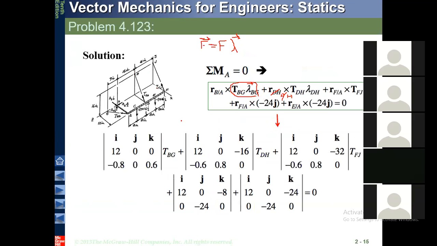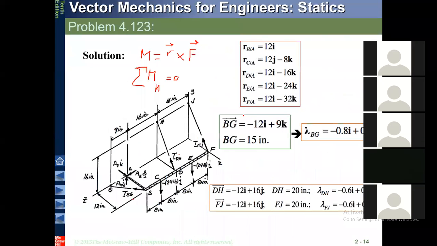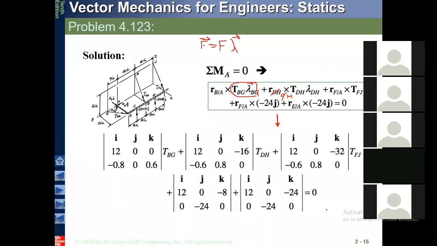For TDH, you would have the distance vector from D to A, and for TFJ, the distance vector from F to A. You have all the unit vectors, which you derived based on the geometry: lambda BG, lambda DH, and lambda FJ. And then you have to calculate the cross product.